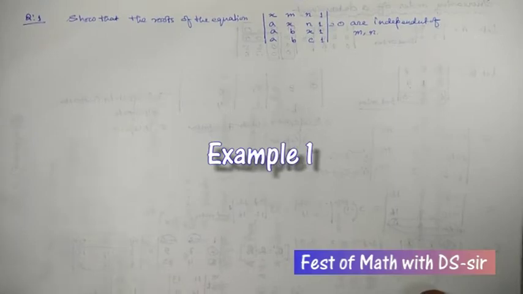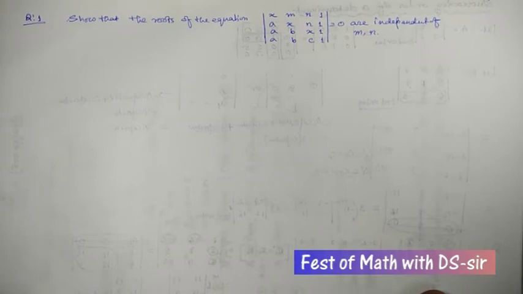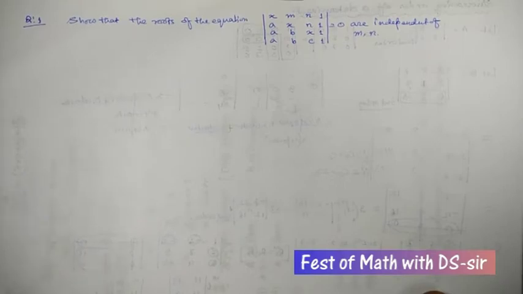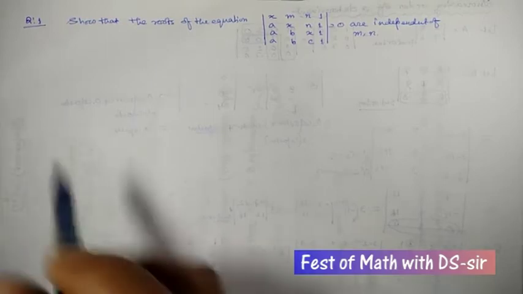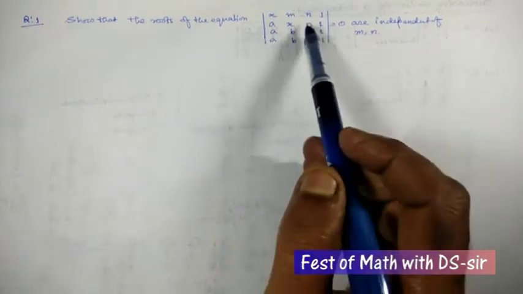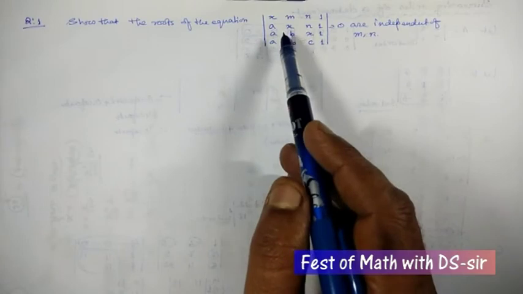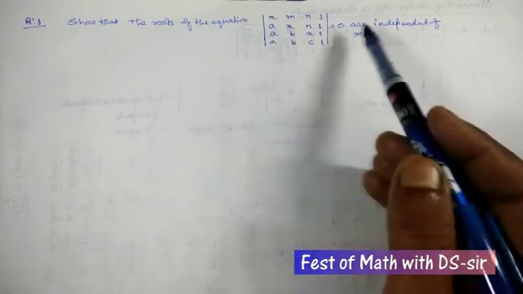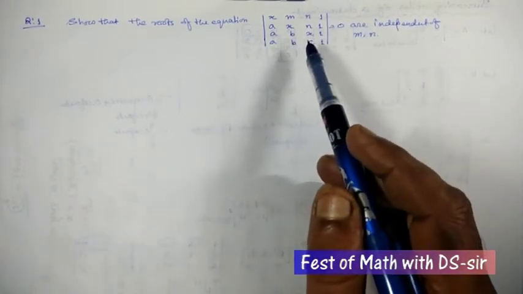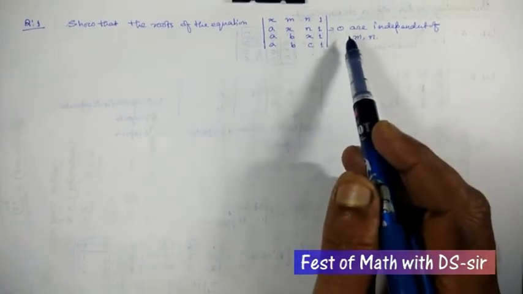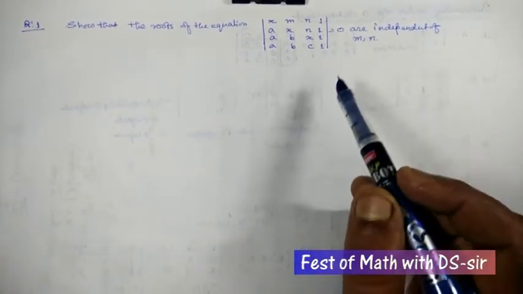Now the time arises to apply the properties of determinants to solve different problems. Now this is our first example for today. Show that the roots of the equation, because on expanding this determinant you will have a polynomial of x, so it is a polynomial equation expressed in determinant form, are independent of m and n.